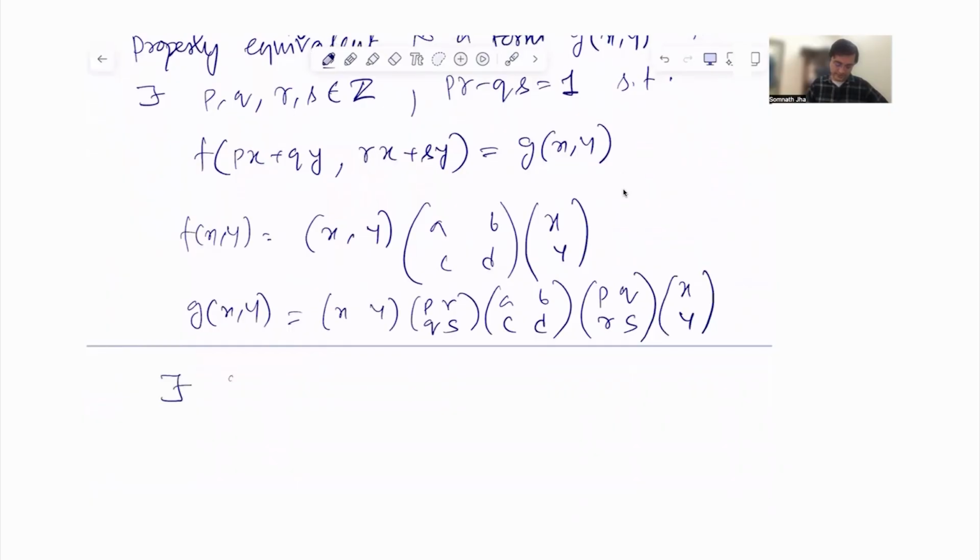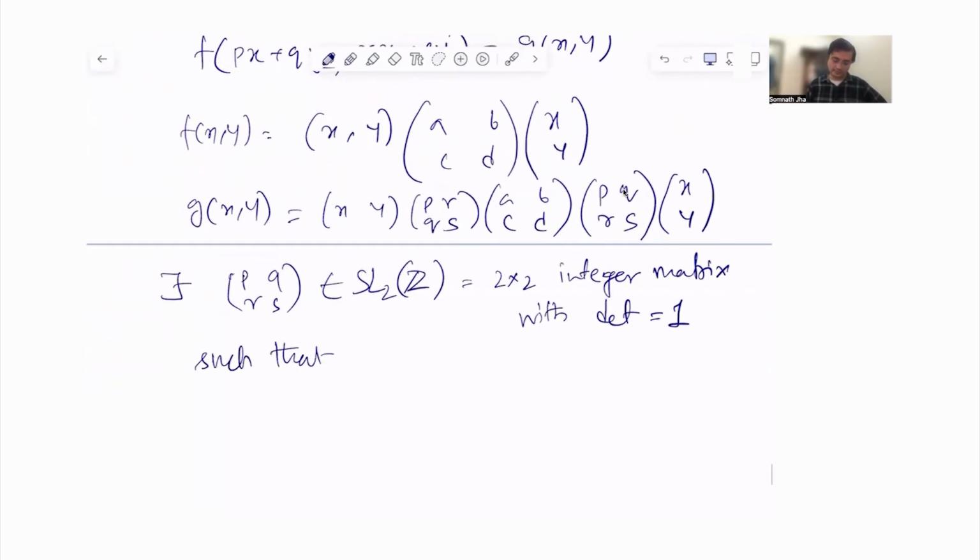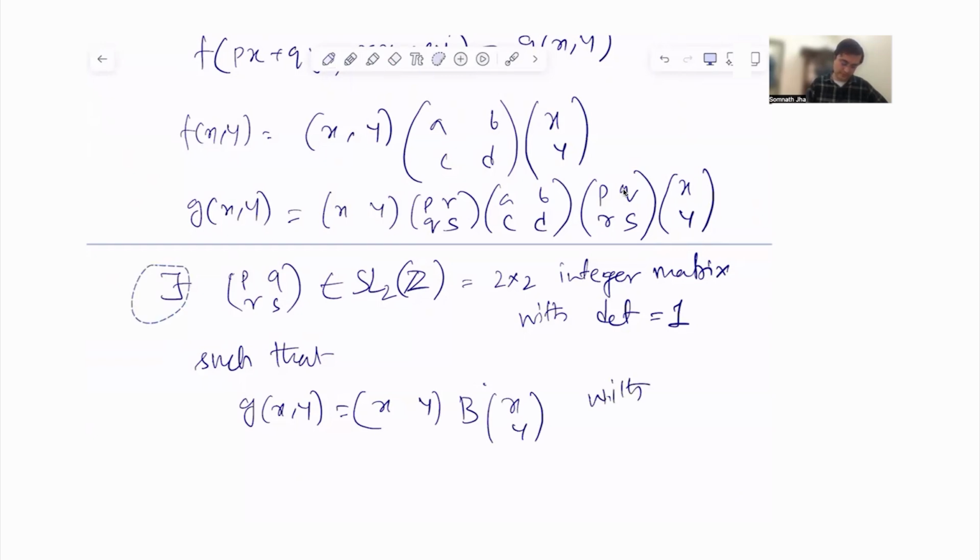So there exists a matrix with entries p, q, r, s in SL2(Z), a 2 by 2 integer matrix with determinant 1, such that g(x,y) equals (x y) B (x y) transpose, with B equal to S transpose A S. Then f and g are said to be properly equivalent.